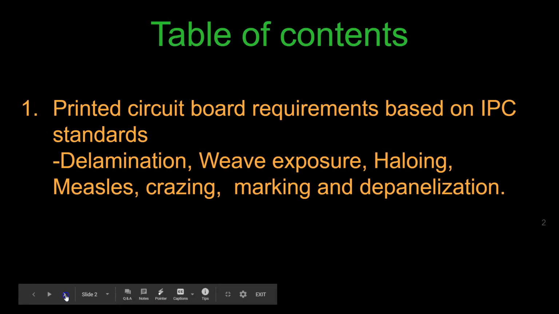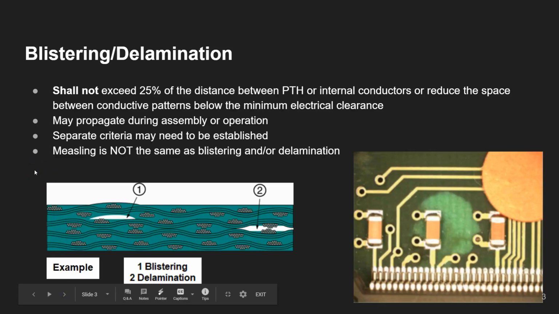So let's first study delamination, or the other name to call it is blistering. Blistering or delamination occurs when the layers of your PCB base materials experience a partial separation. This will cause gaps or bubbles that look like blisters.